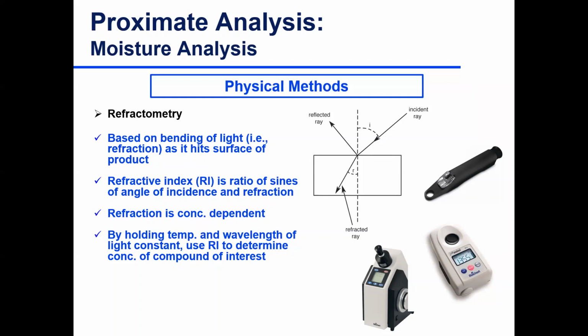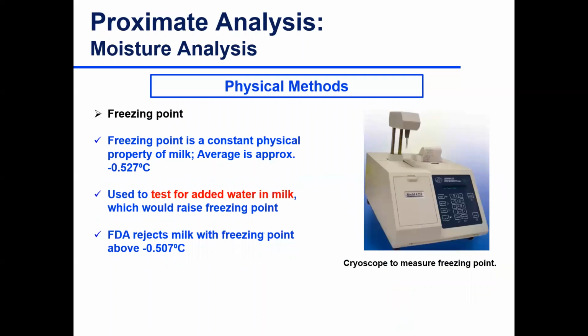Refractive index is dependent upon the moisture content of many foods. So having constant temperature and a very constant light source, you can use refractive index to measure moisture content in the product.